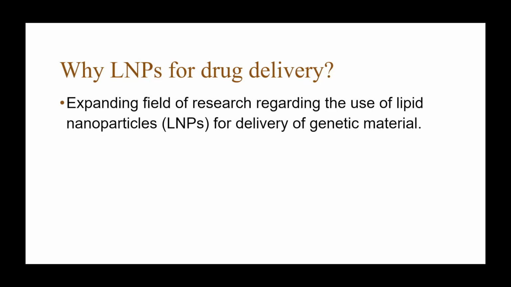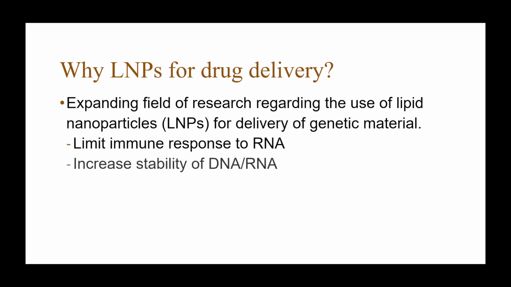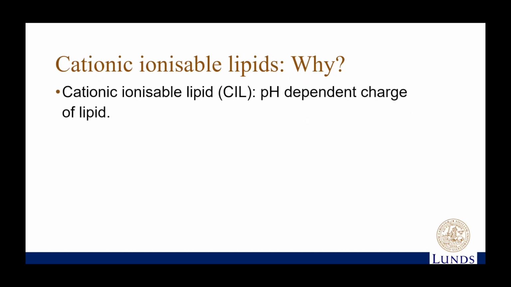So we need to use a delivery vehicle for the genetic material for a few reasons, including limiting immune response to RNA and also increasing the stability of the genetic material so that it arrives in one piece where it's supposed to. And one of the more recent developments in the field is the use of cationic ionizable lipids. So what are they?